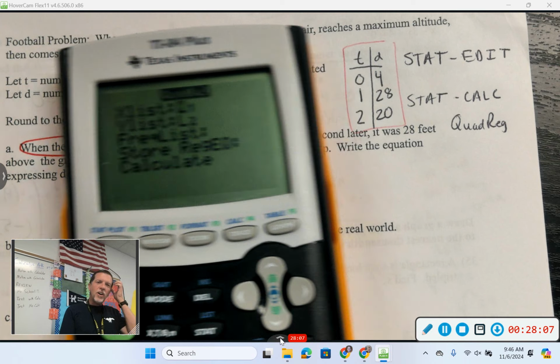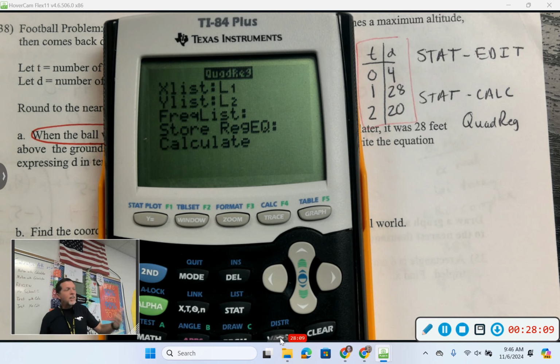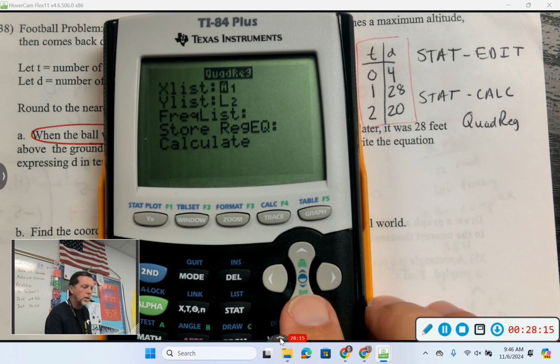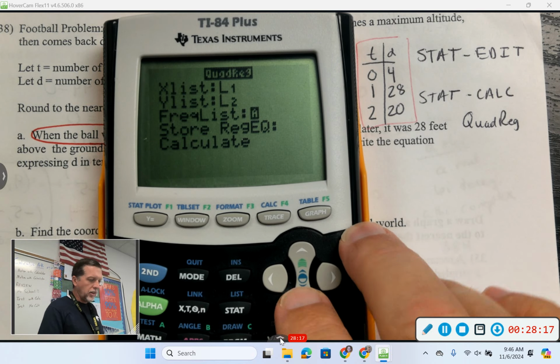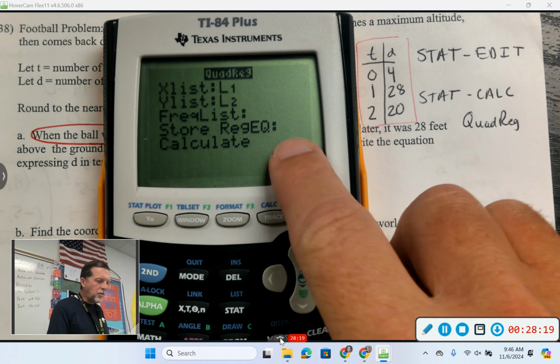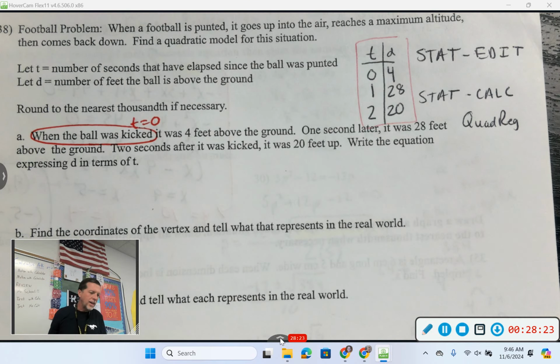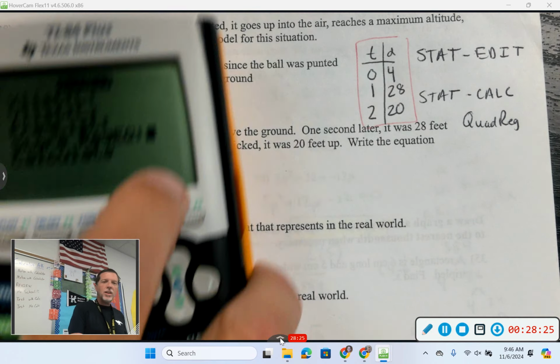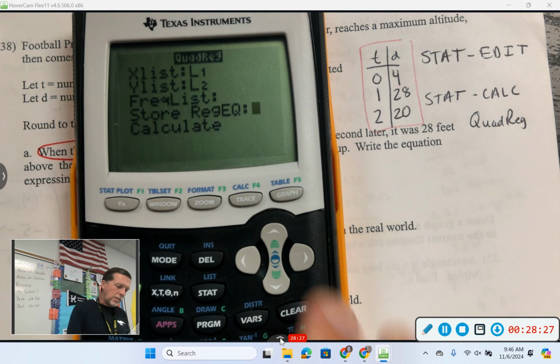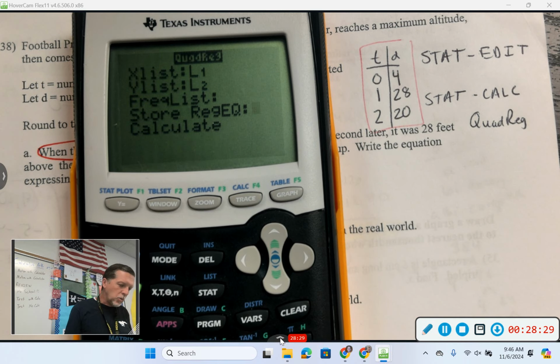And it defaults correctly if you set up the table correctly. So the X list is L1, the Y list is L2. I don't need a frequency listing. Remember, you can be fancy and store the equation. This problem has more questions to come, so it might save me a little time if I store that equation into Y1.